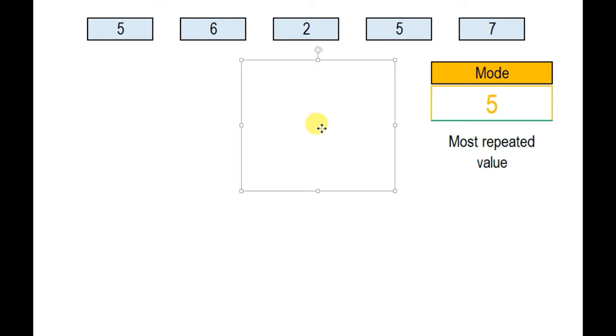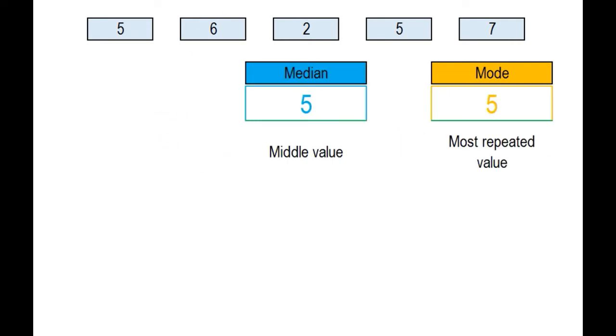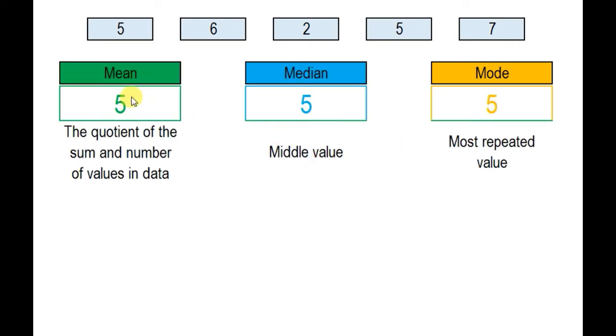So I hope now you have understood all of these 3 measures: mean, median and mode. Mean is simply the quotient of the sum and the number of observations. Median is the middle value of the data set, and mode is the most repeated value of the data set. Why do we find any of mean, median or mode?